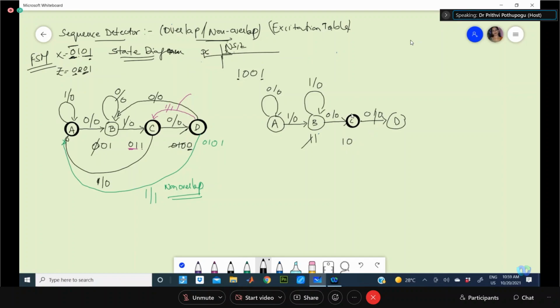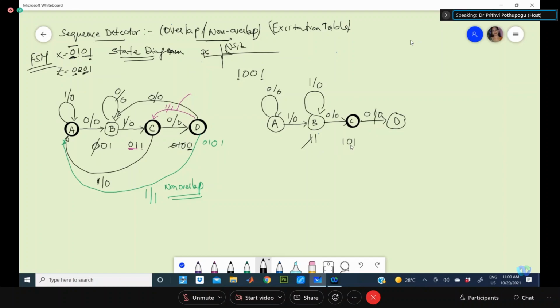In the present state C, when you get 1, 1 0 0 is the sequence, so the transition to D is okay. But in the present state C, if you get 1, it becomes 1 0 1, not 1 0 0 as per the sequence. That means it is not in the sequence.